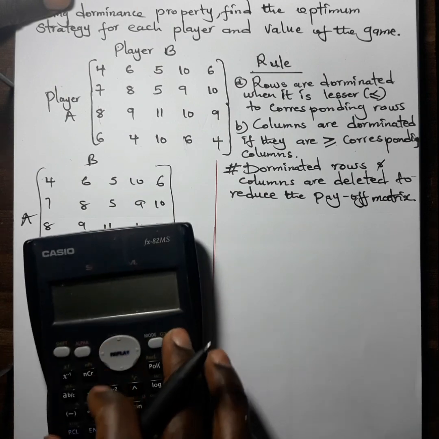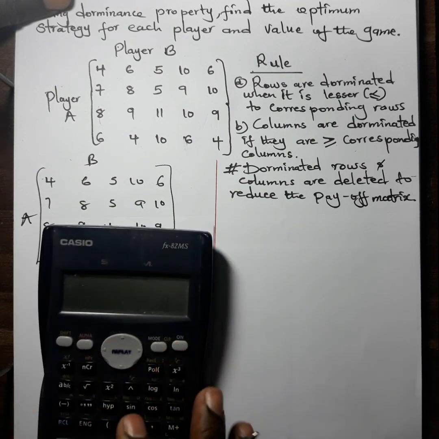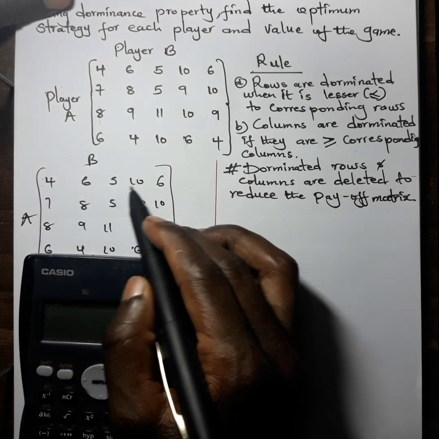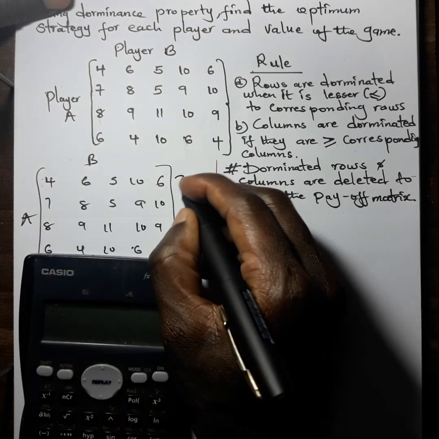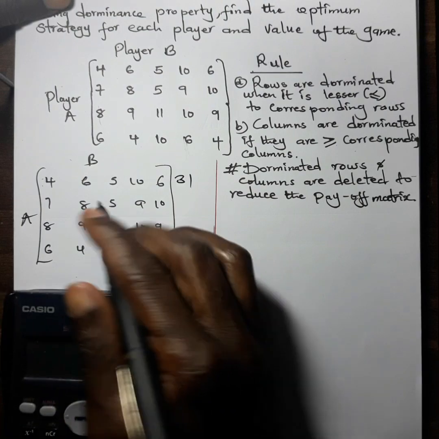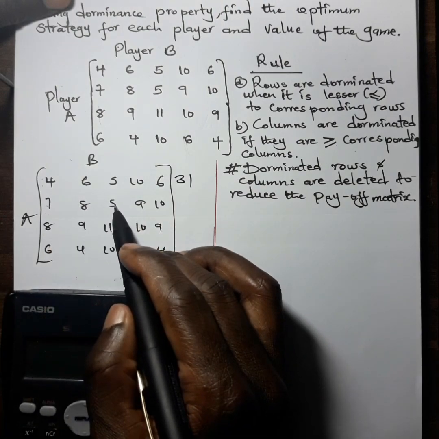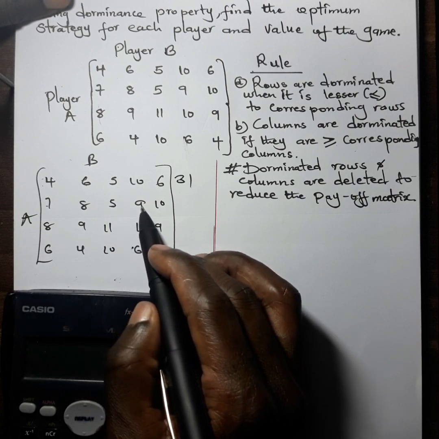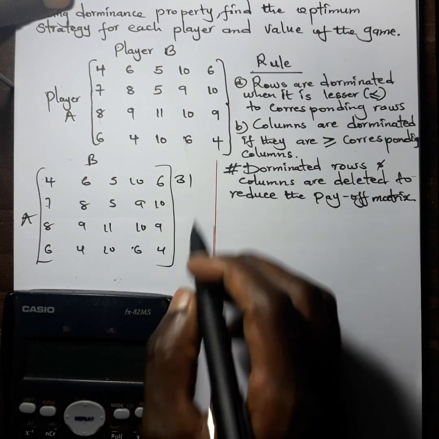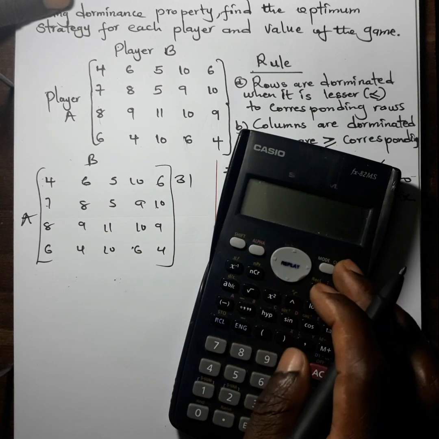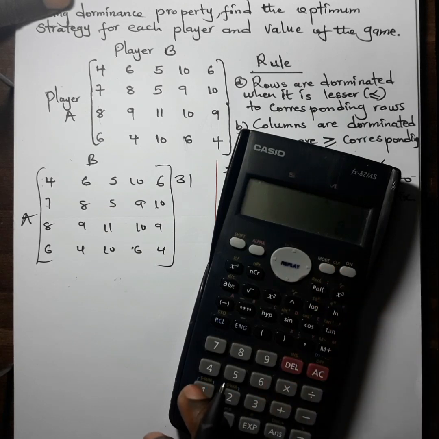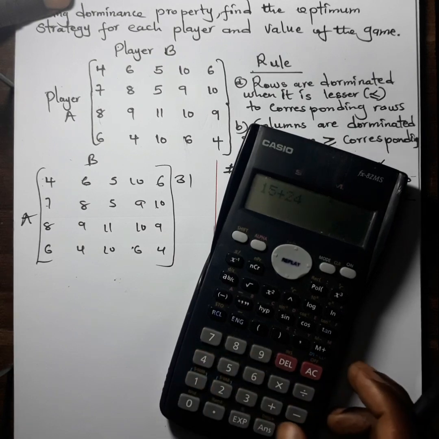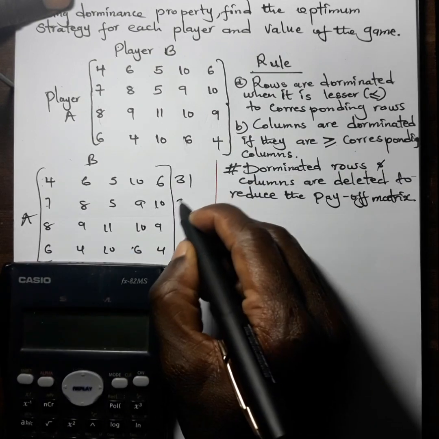Okay. So the first thing you're going to do is 4 plus, this is 10 plus 21 is 31. We have 15 plus 24, which is 39.